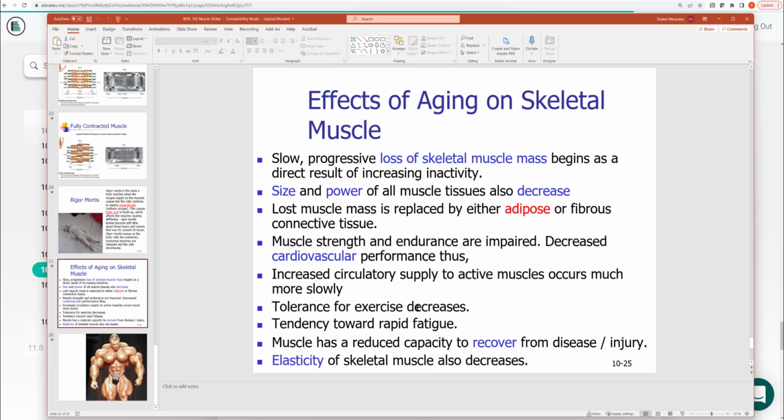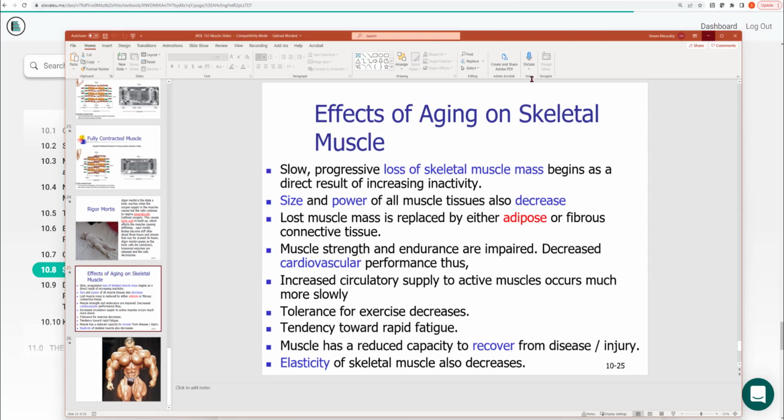As we get older, we're just not running around quite as quickly, and we certainly get tired and are slower to recover than we were when we were younger. You also are more prone to injury, and the muscle elasticity decreases. So with age, we see a lack of stretchability, right? That extensibility and elasticity of the muscles decreases, making it just a little bit more stiff as we get older.